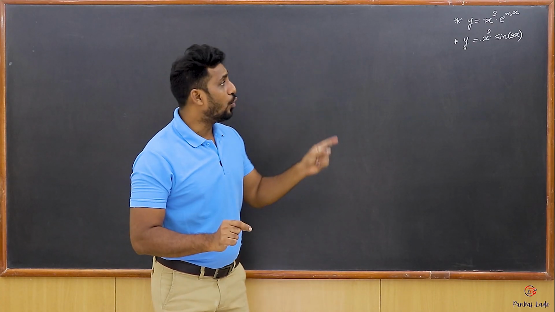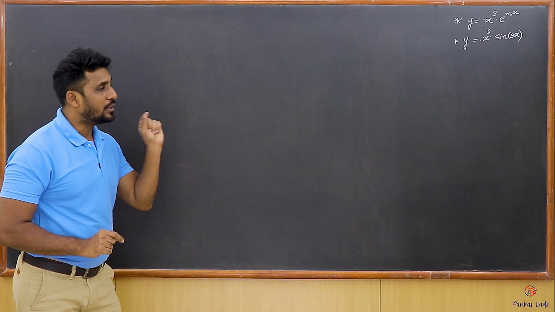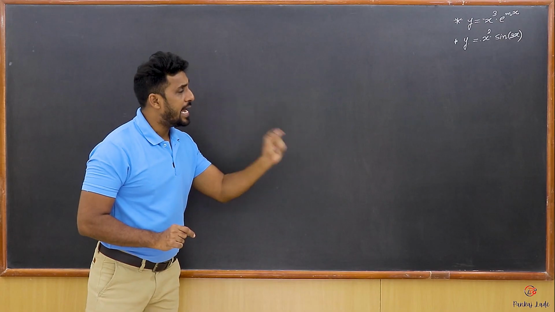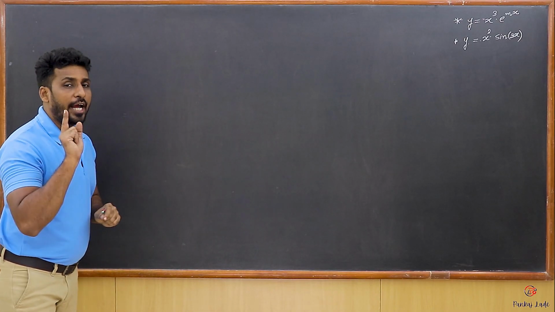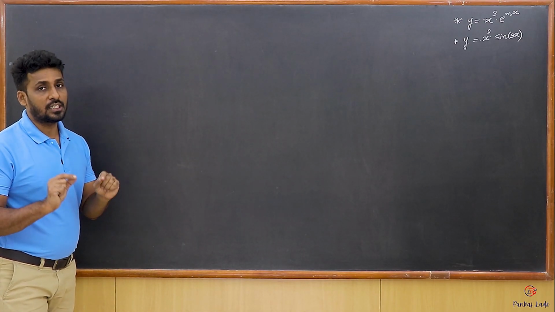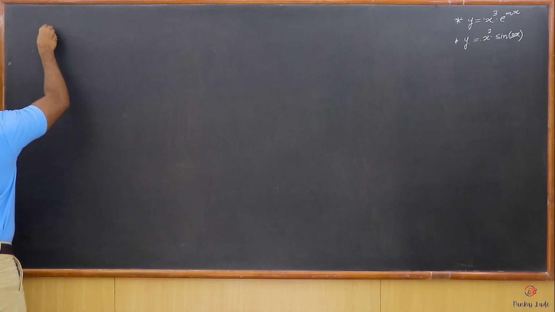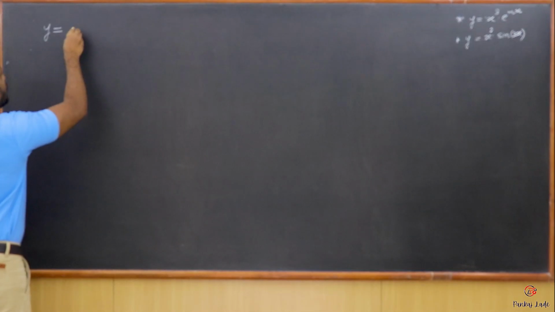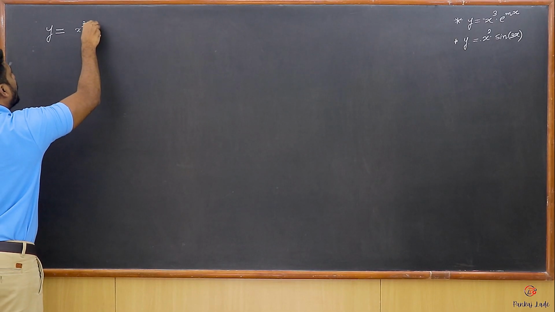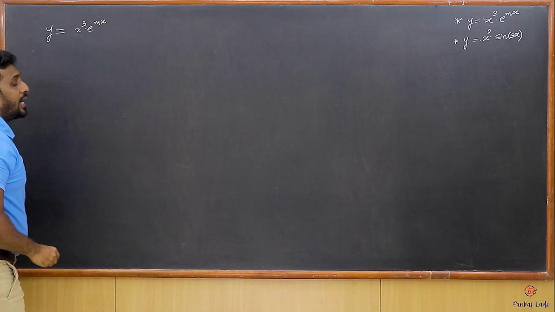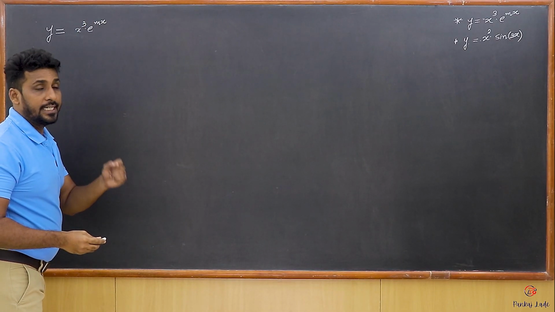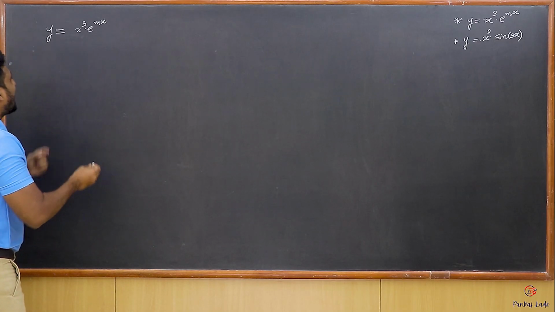So students, if I take the very first question, that is y is equal to x cube into e raised to mx, I know which function is u and I know which function is v here. So I'm going to correct the order over there. So I have the question y is equal to x cube into e raised to mx. So I know u is e raised to mx and v is x cube.